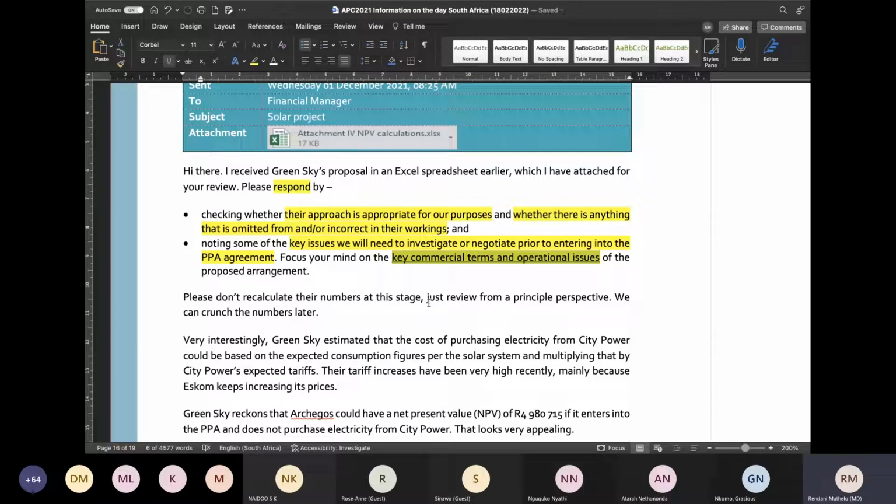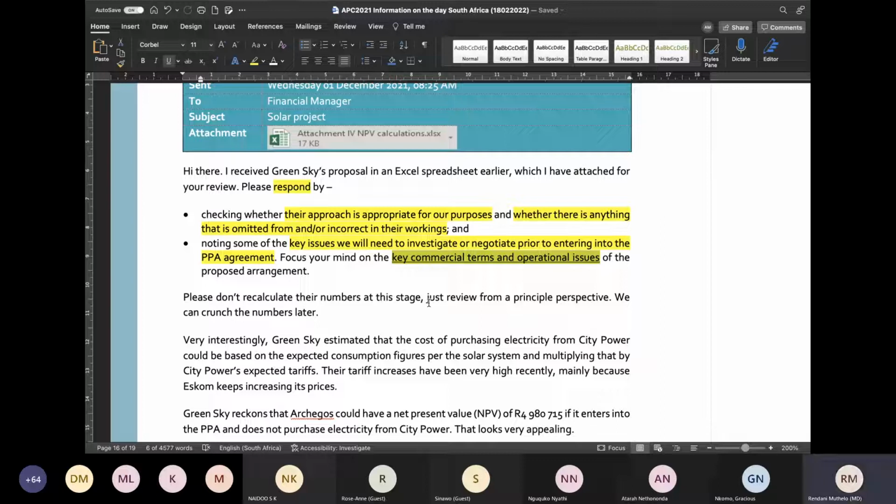Let's say they didn't clarify this. What else could you then have focused on? What else is there, guys?